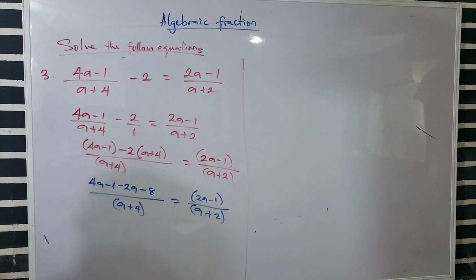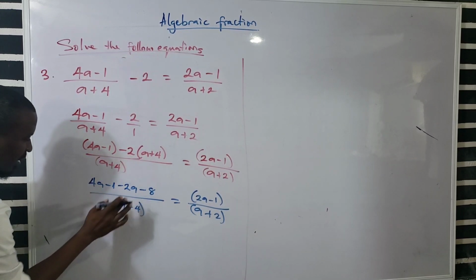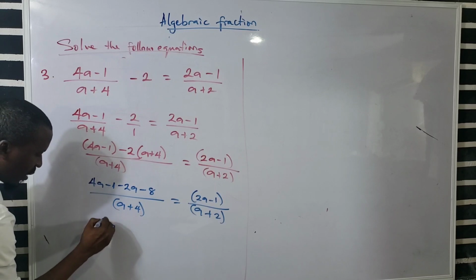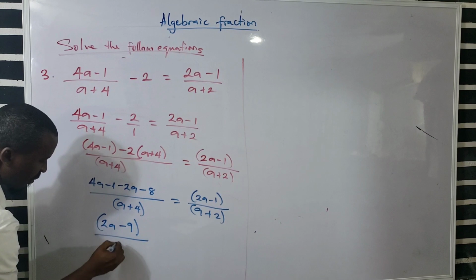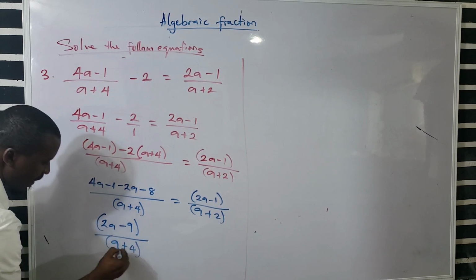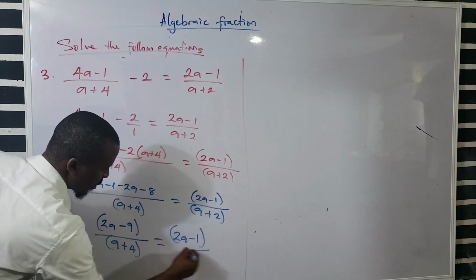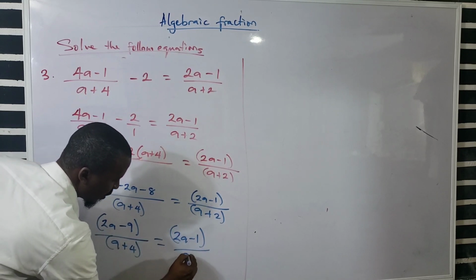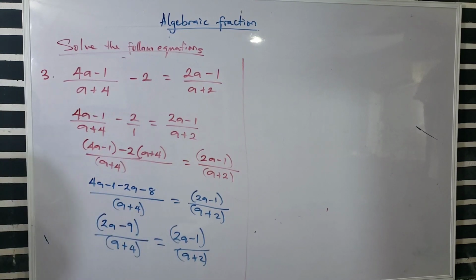All right, so we still have something to do here. So let's finish up. This and this will give us 2a. This and this will give us minus 9 over a plus 4 equal to 2a minus 1 over a plus 2. So at this point, we can now cross and multiply.